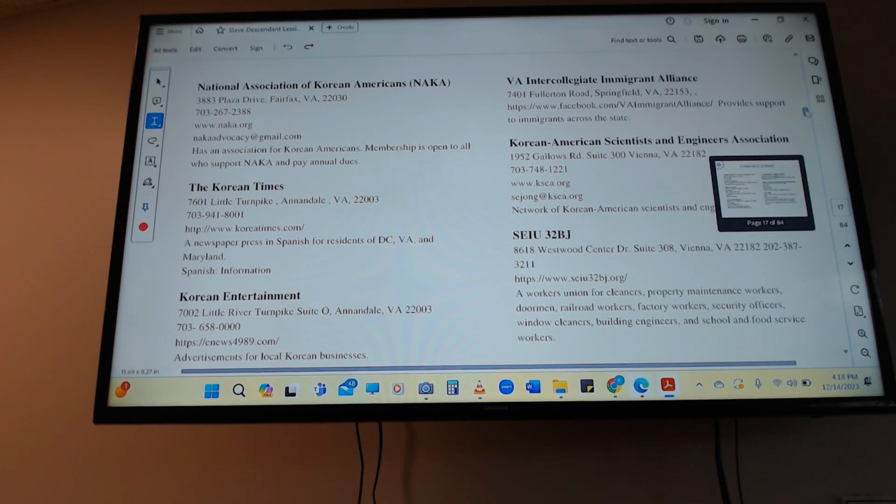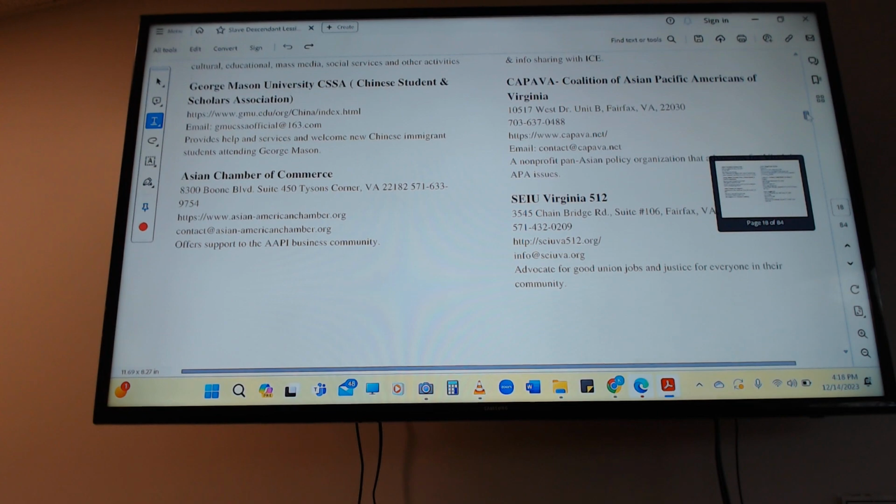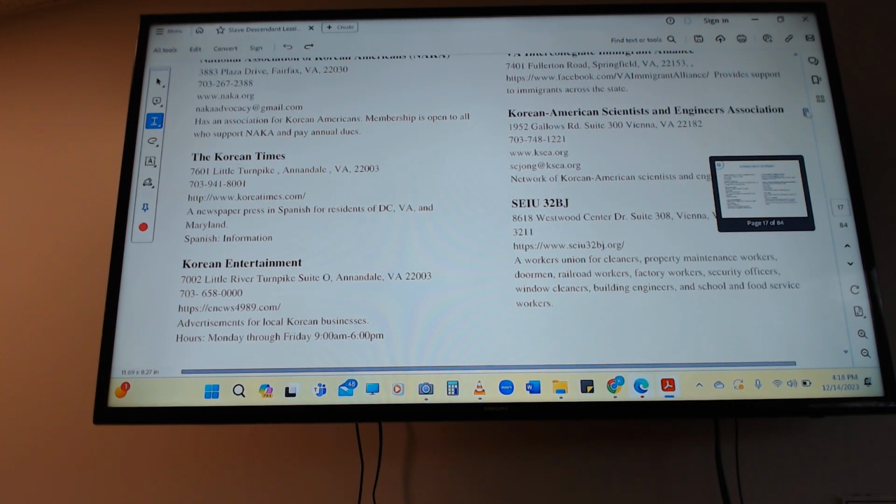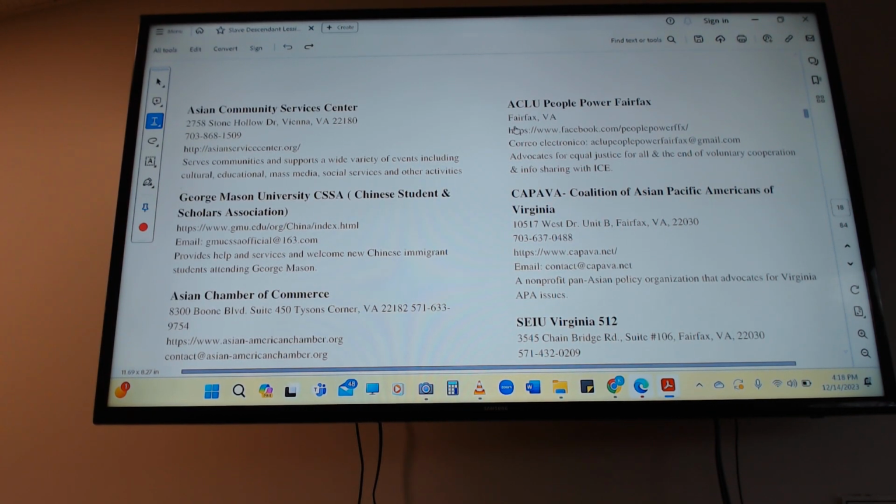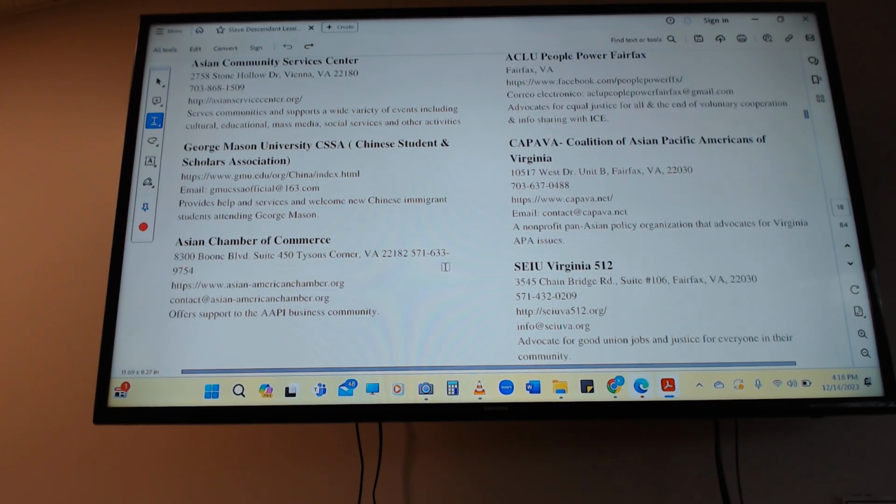The Koreans have their support. Asians have their support places. Asian Chambers of Commerce, Asian Pacific Americans, okay? They have theirs.